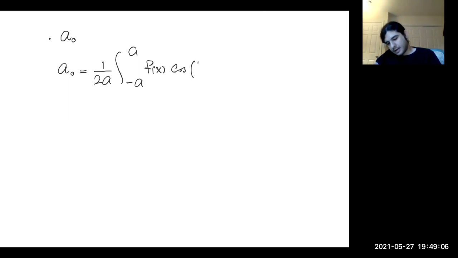Let's start with a naught, a0. What was the definition of a naught? It was 1 over 2a integral from minus a to a f(x) cosine of n pi over a x dx.